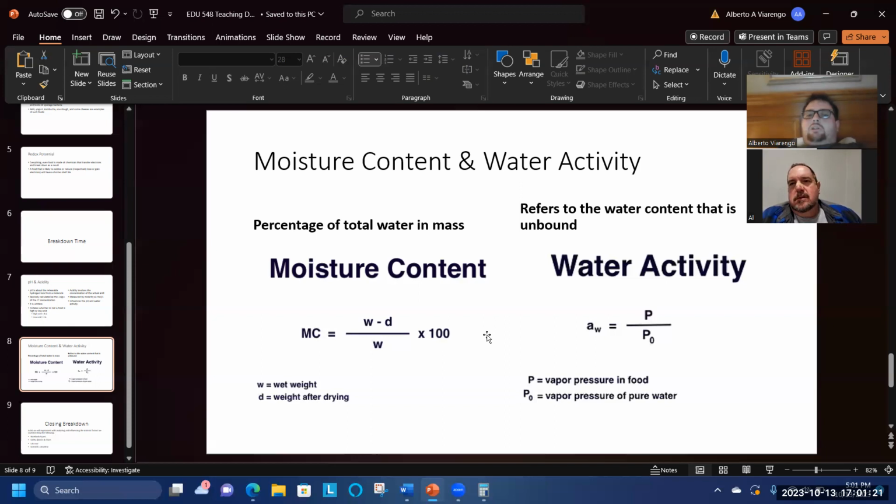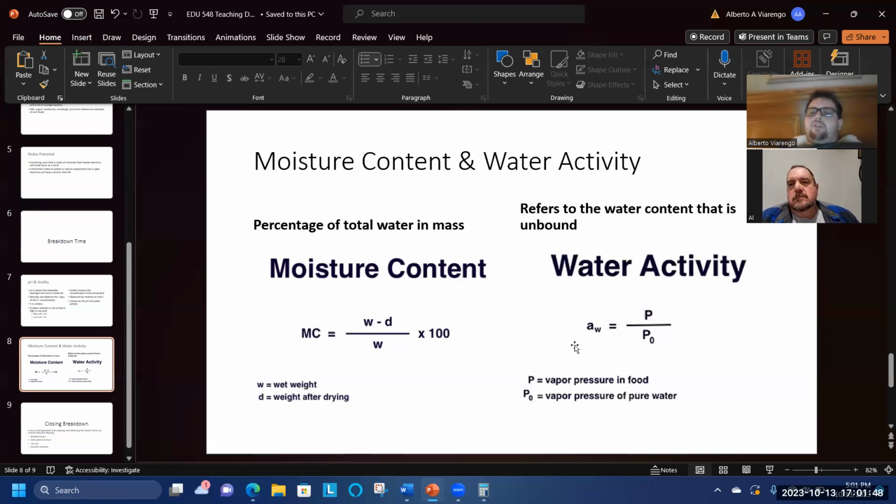You see, moisture content can include free water and water that's bound in the food. But water activity is just the free water, the water that's in the food but isn't bound to it. It's the water that can freely flow in and out of the food. As such, water activity is measured with vapor pressure. And see how it's written as AW? That's the shorthand notation for water activity.